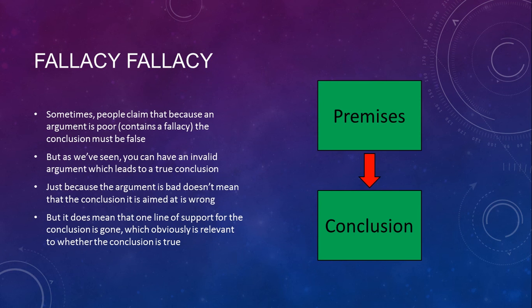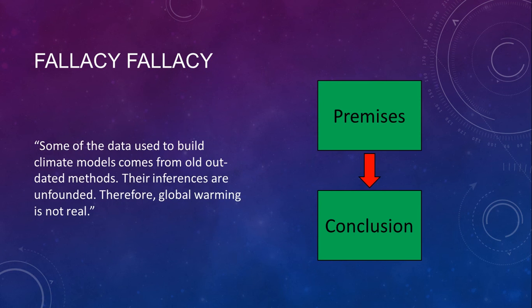Okay, so examples. Some of the data used to build climate models comes from old, outdated methods. Their inferences are unfounded. Therefore, global warming is not real. What do you think?